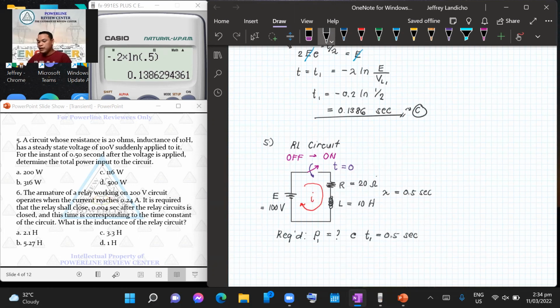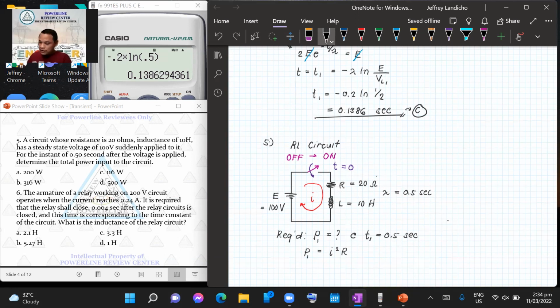So what would be now the real power consumed by this resistance? Alam natin, resistance, that is the only component that consumes real power. What would be now the power absorbed by this resistance after 0.5 seconds? By power formula, alam naman natin, power is simply the current squared, multiplied kanino? Resistance. Diba? So, kailangan natin ngayon kunin yung value ng ating current at T equal to 0.5 seconds.